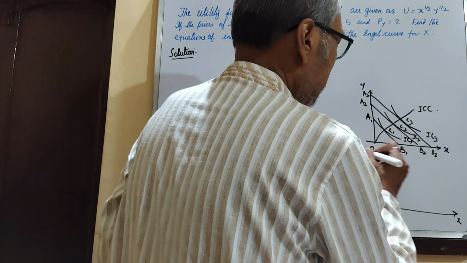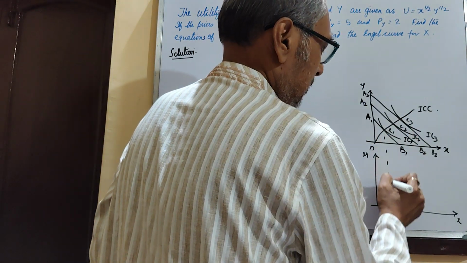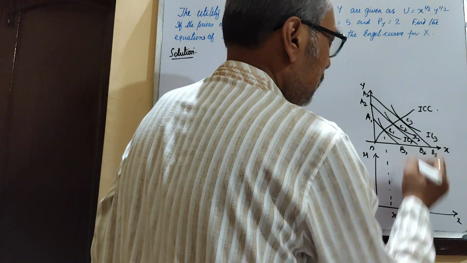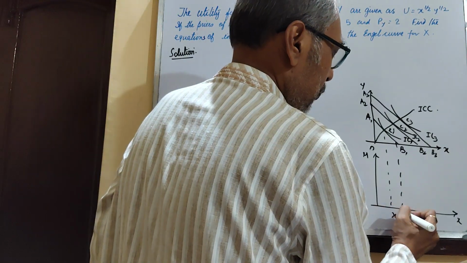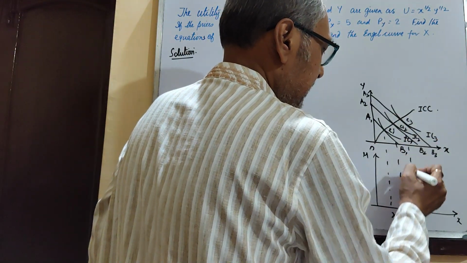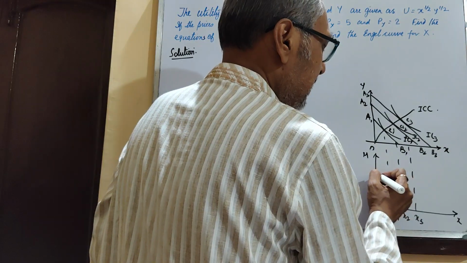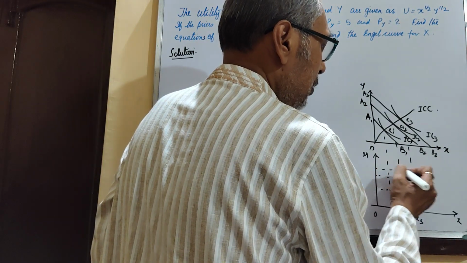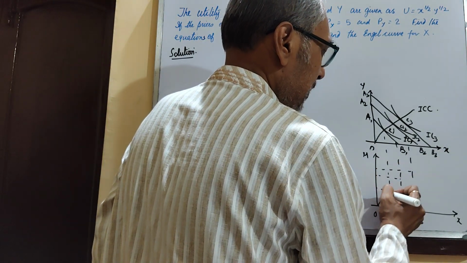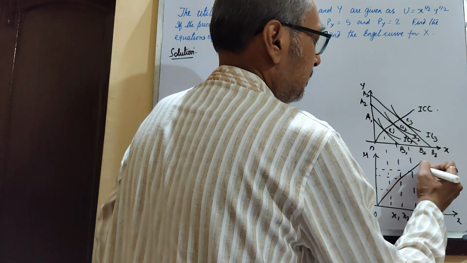Here x, here we measure m. This is x1, this is x2, this is x3. And when m changes, the equation also changes. This will be the Engel curve.